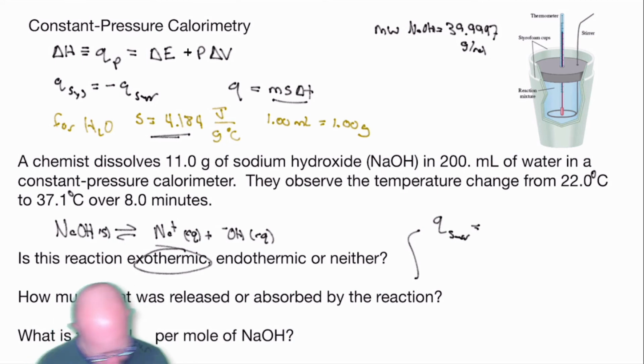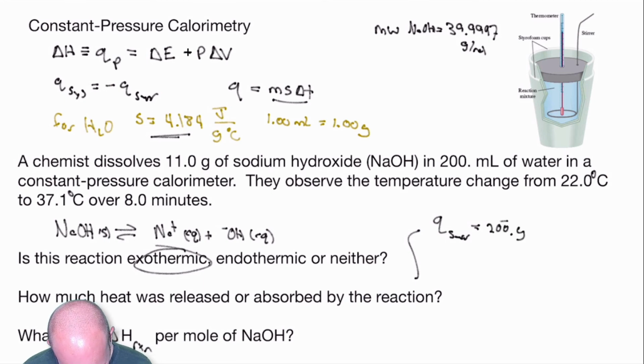The mass, we're going to just do 200 grams, times the specific heat of water, 4.184 joules per gram degrees Celsius, and my temperature change is final temperature, 37.1 minus 22.0 degrees Celsius.